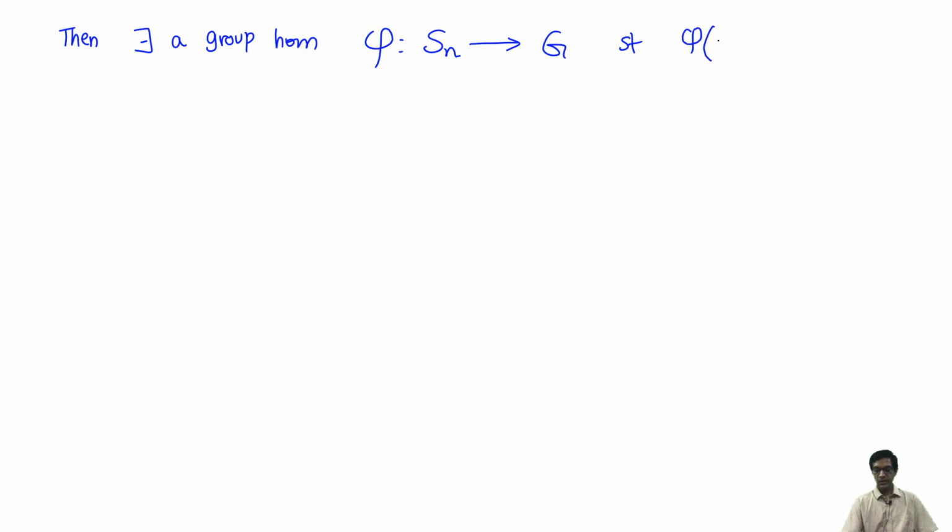If I can do this, then I am guaranteed there exists a group homomorphism from Sn to my group G which sends sigma i to gi, where the sigma i are the transpositions, sigma i being the transposition (i, i+1).